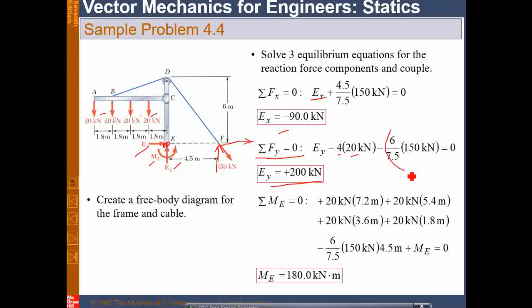This is the vertical component, this times this, and the moment itself, ME. Solve this for ME and you'll be able to obtain ME. So remember that the important thing in this problem and all such problems will be to effectively and purely calculate the force balance and moment balance.